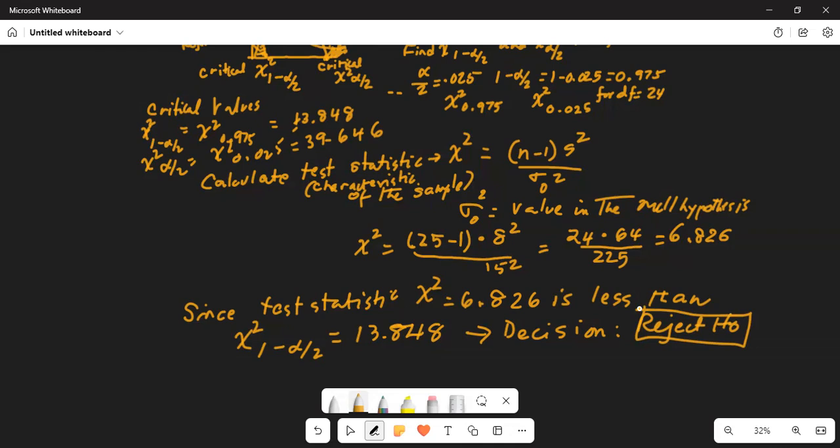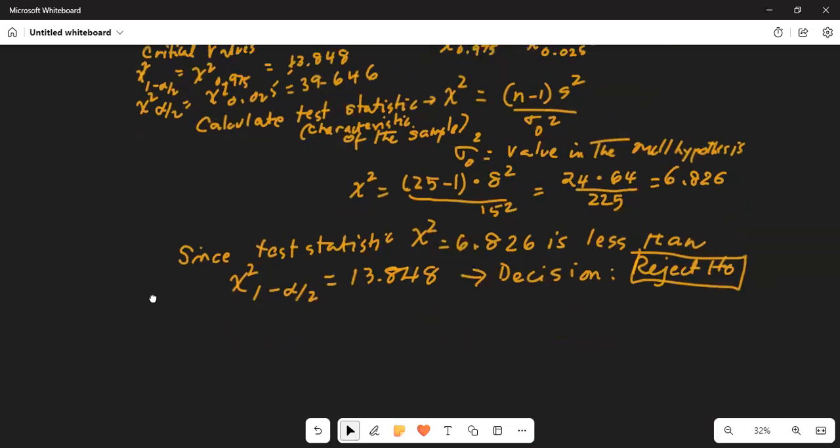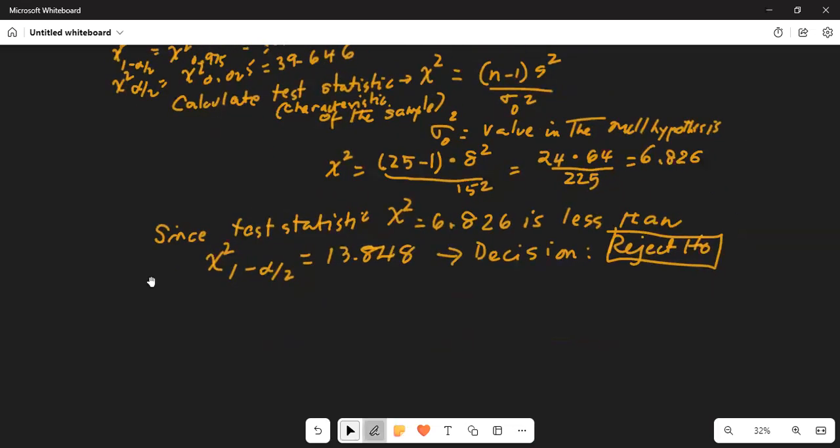Okay, so if the decision is reject H0, then what is the conclusion?